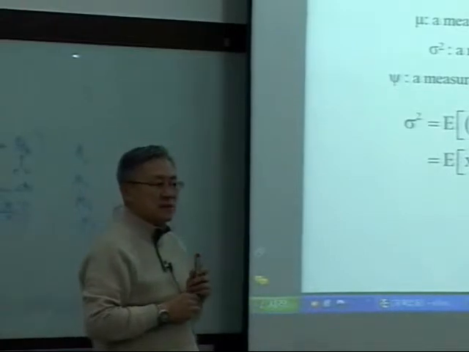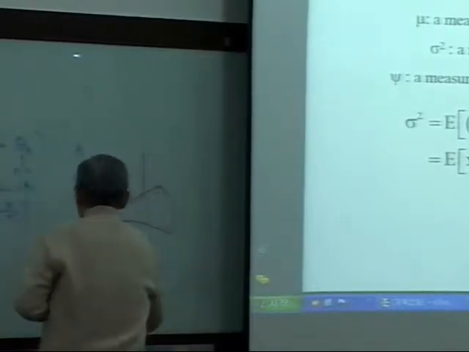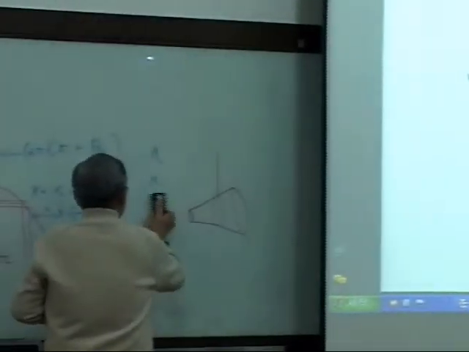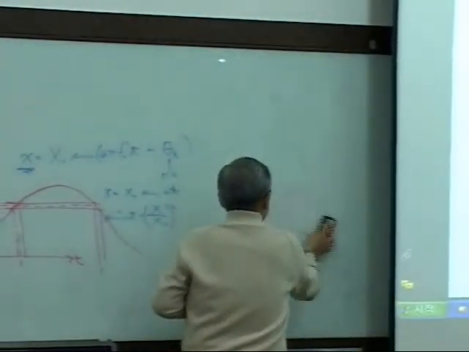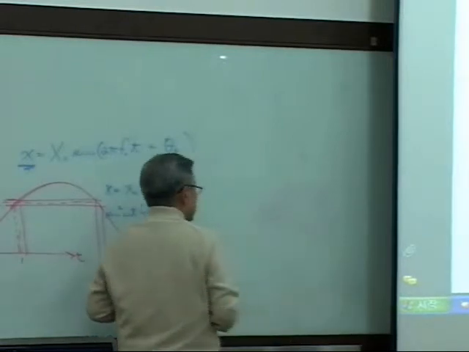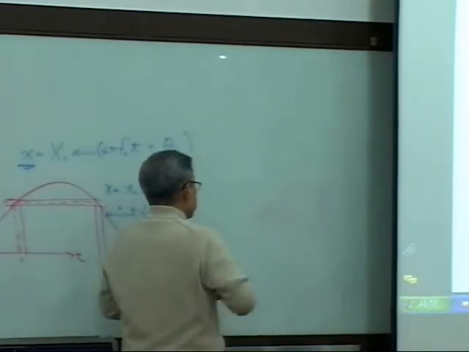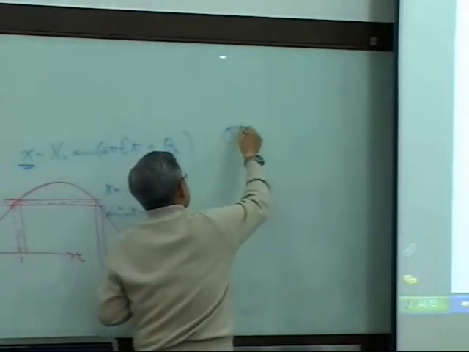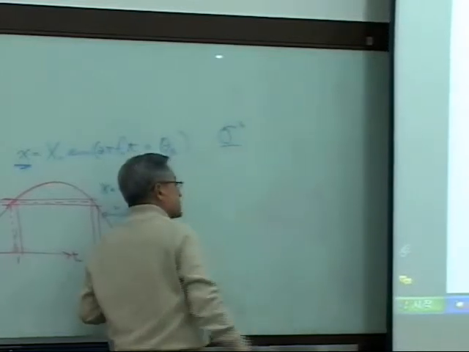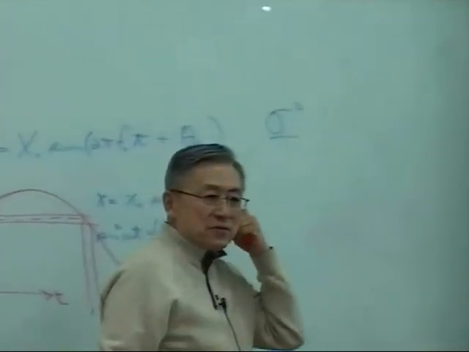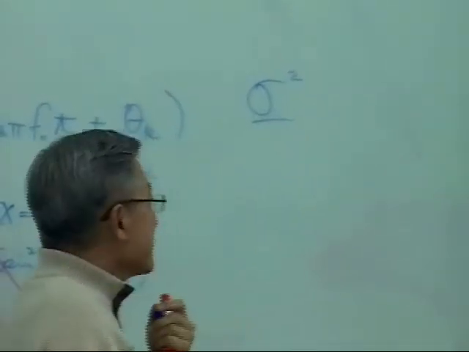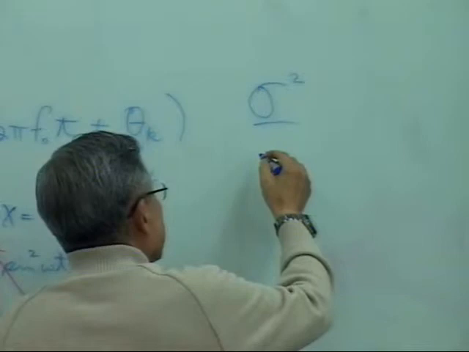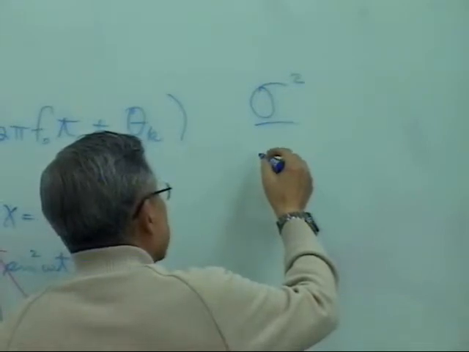Sigma. The best measure I talked to you about, sigma, controls the standard deviation or the variance. And the other one is what do you call that?